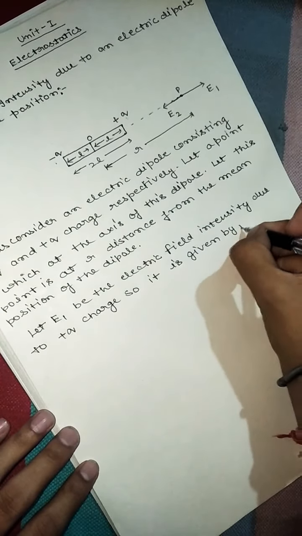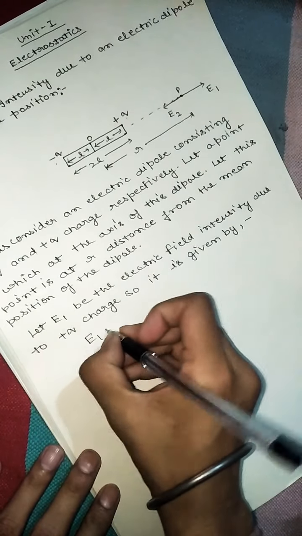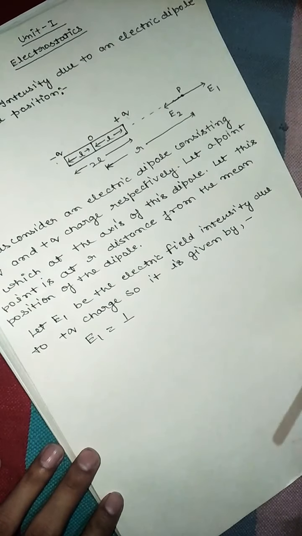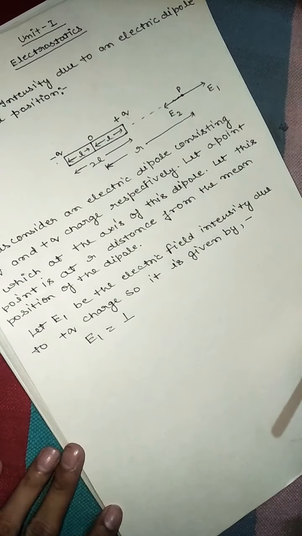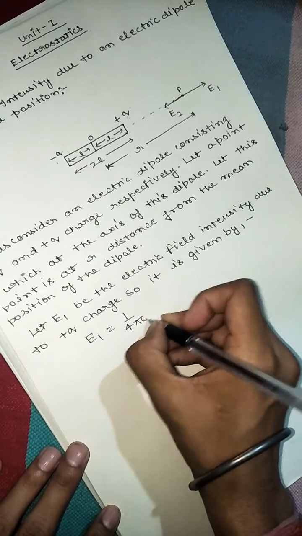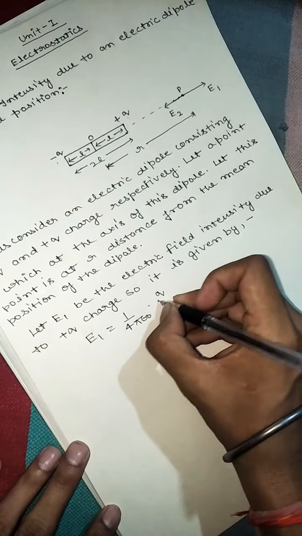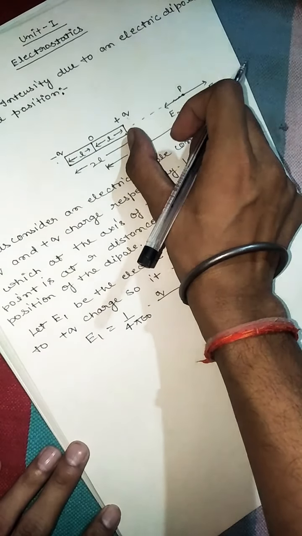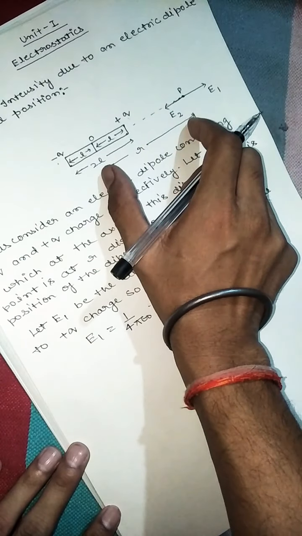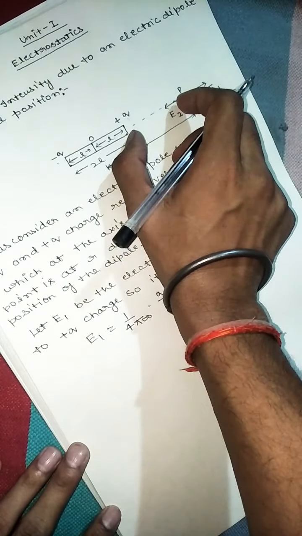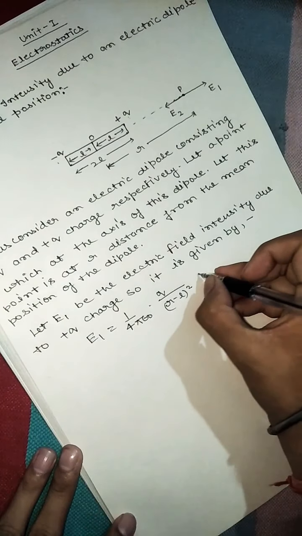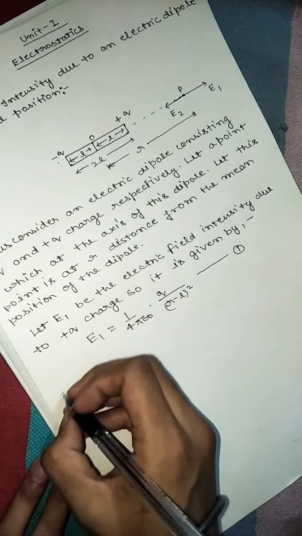It is given by E1 equals, as we know the formula of electric field intensity, E is equal to 1 upon 4 pi epsilon naught q upon r square. Do we remember this? So E1 is equal to 1 upon 4 pi epsilon naught q upon, what is the distance from plus q charge to P? As we can see from the diagram, this one is r minus l, so the formula would be r minus l whole square. This can be equation number 1.